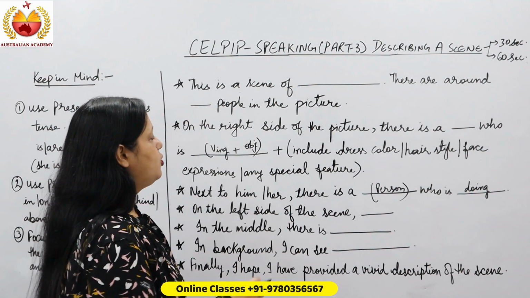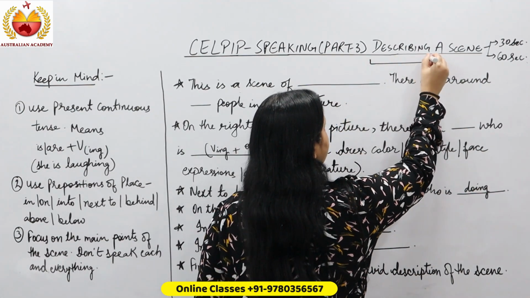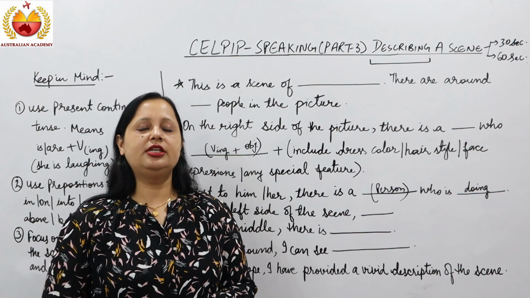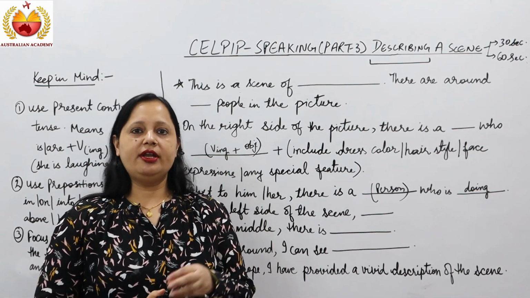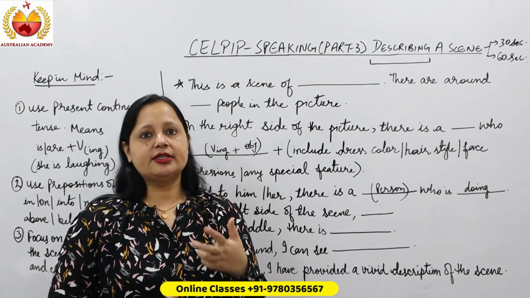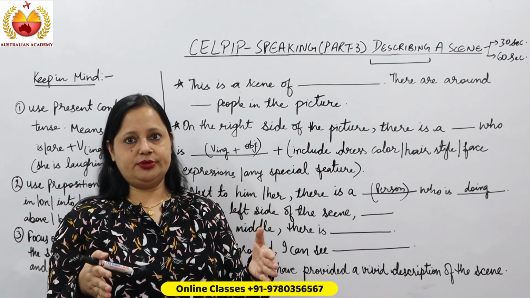Because the question states describing. So you are not giving brief information or only the major features. Whatever person you have chosen to speak about, try to explain the appearance of that person.